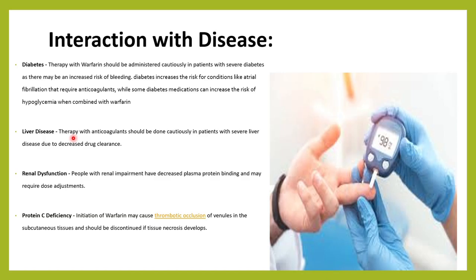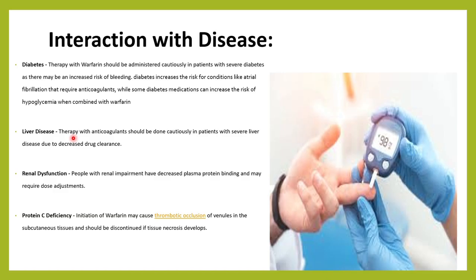But some diabetic medications will increase the risk of hypoglycemia when combined with warfarin. So that can also have a bad effect. So you should be cautious when you are putting warfarin on patients who have diseases like diabetes. Liver disease, yes, because it can affect warfarin clearance, so can affect its level.